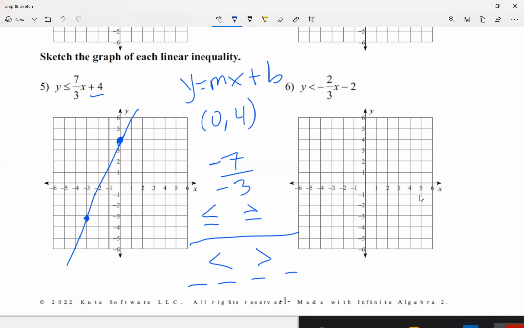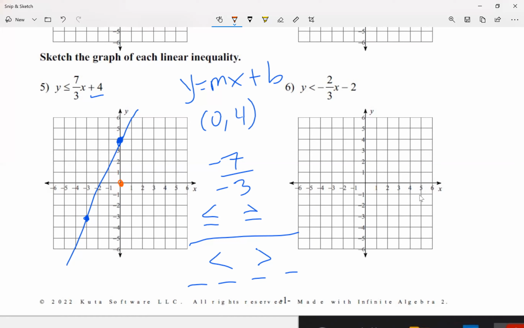Now, the interesting part of inequalities is my line separates my graph into 2 sides. One side makes the statement true and the other side does not. What I'm going to do is choose a point from a side. In my case, let me choose the point (0, 0). I'm going to plug in the point (0, 0).